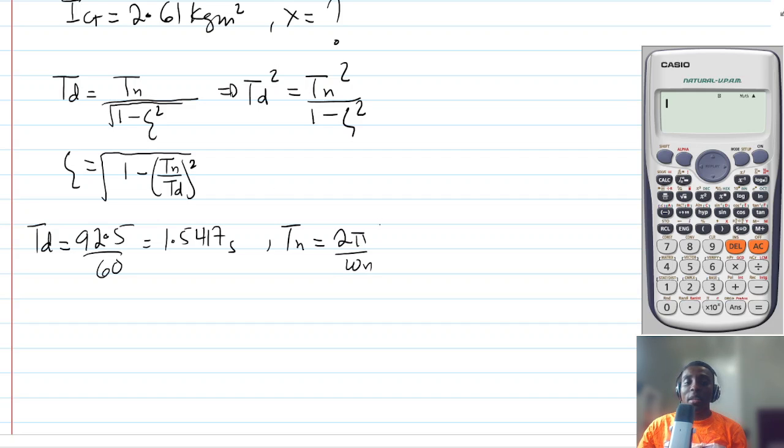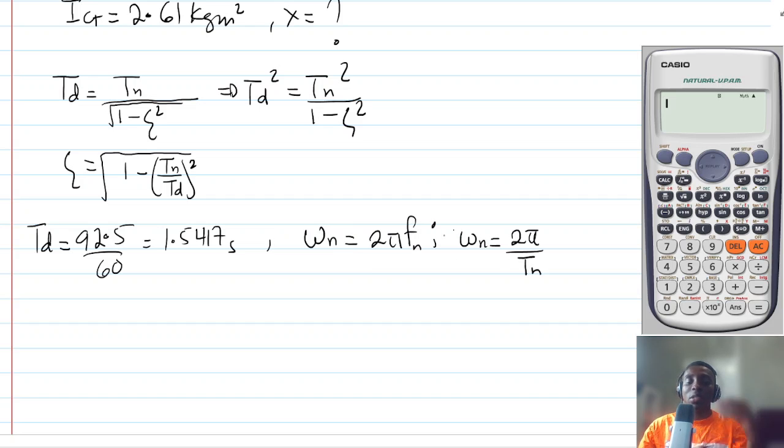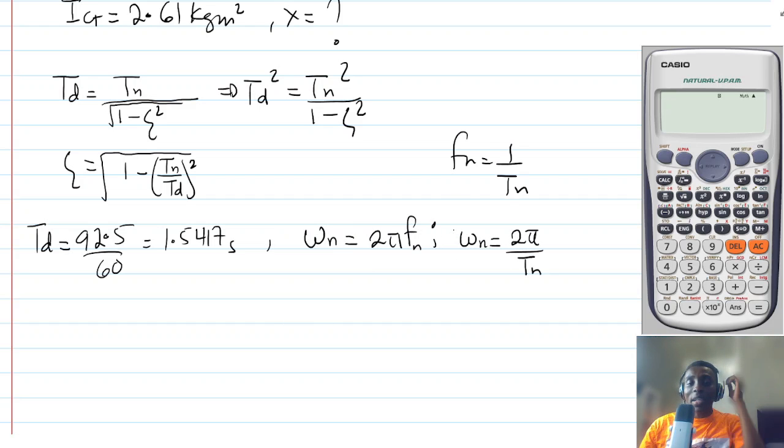The natural frequency is given by 2 pi f, and fn is 1 over Tn. So from here you can calculate the natural frequency.